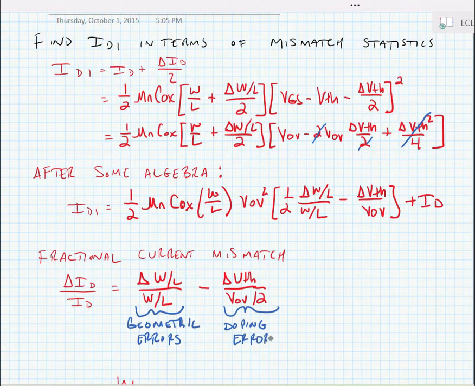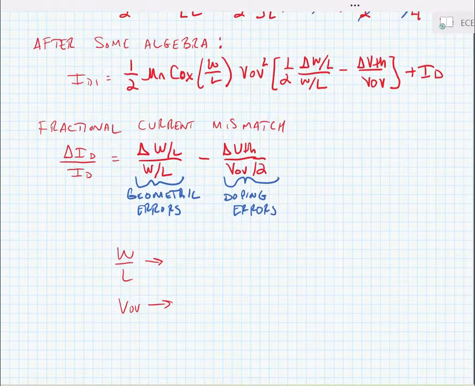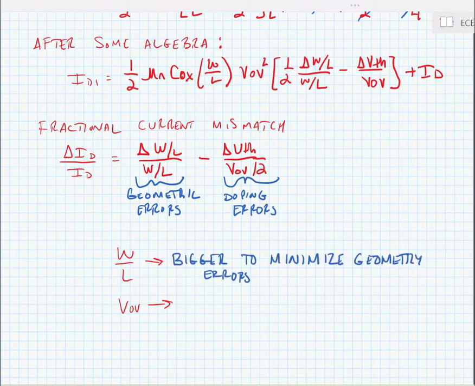Well, what does this tell us about how we should design our transistors? Well, clearly, if we make bigger transistors, if we make W over L bigger, then it minimizes the geometry errors. And next, we also want to make VOV bigger to minimize doping errors.